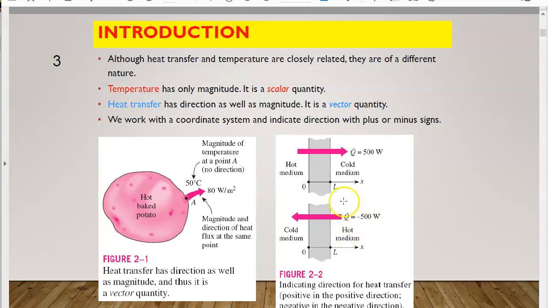This indicates that the heat is being transferred in reverse, from cold to hot, and the x direction is reversed. The minus means the heat is transferred in the other direction.